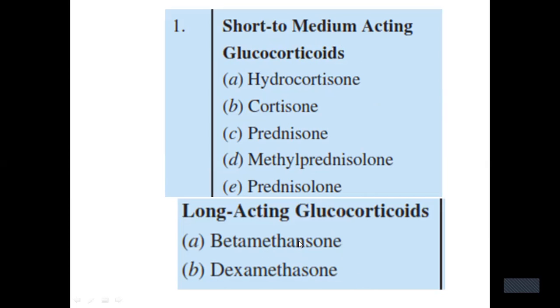So this N is not there in our drug name, it is some error from the book itself. What I have copied is from the book: betamethasone, dexamethasone, hydrocortisone, cortisone, prednisone, methylprednisolone, prednisolone, and all those things.